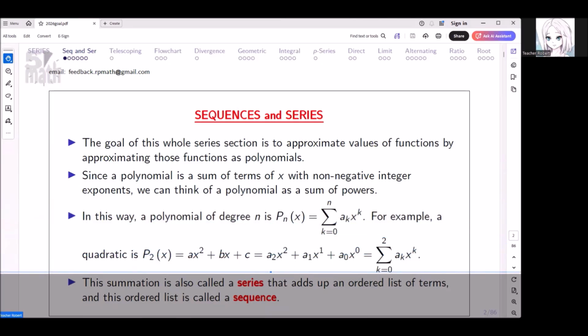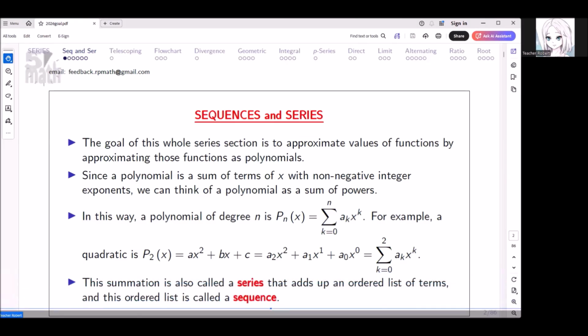In this way, a polynomial of degree n is Pn of x equals this. For example, a quadratic is P2 of x equals this. This summation is also called a series that adds up an ordered list of terms, and this ordered list is called a sequence.